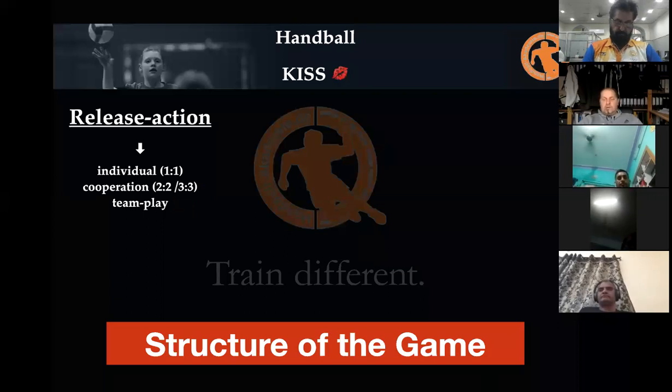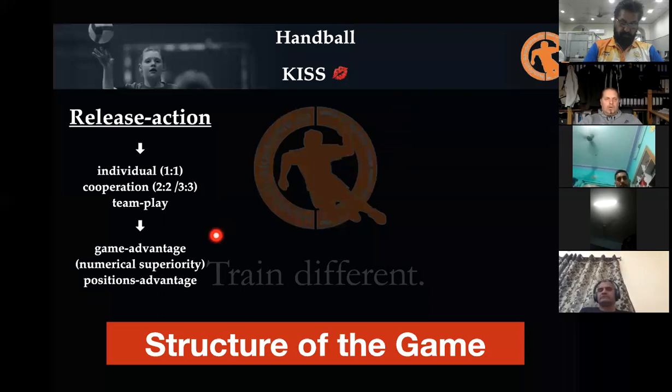So this is not set, but the result should be a game advantage for a player with the ball, a numerical superiority if defense is helping, or a position advantage can be achieved too. So that's why we call this action a release action, because these types of advantage should be released from that.